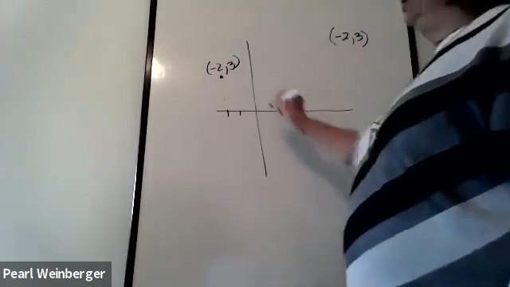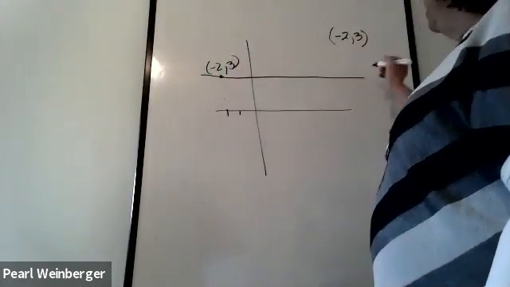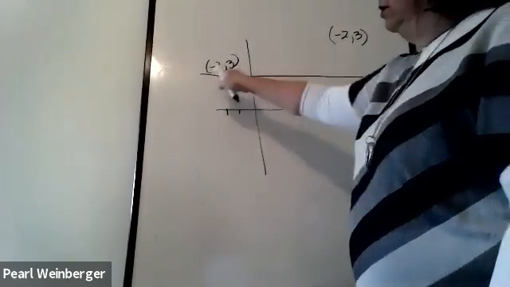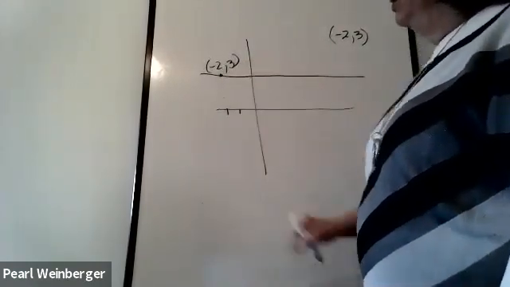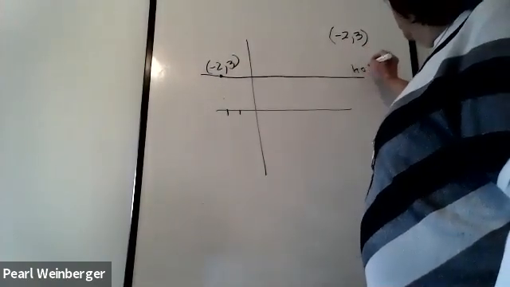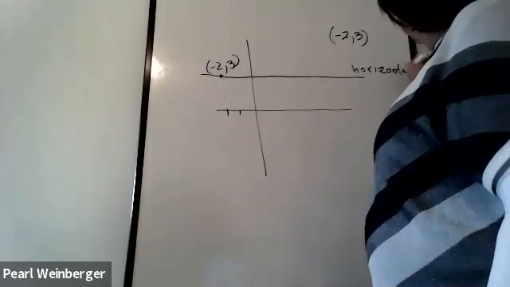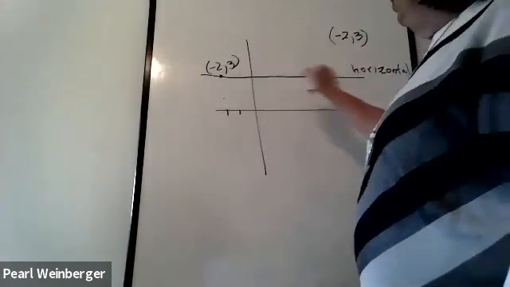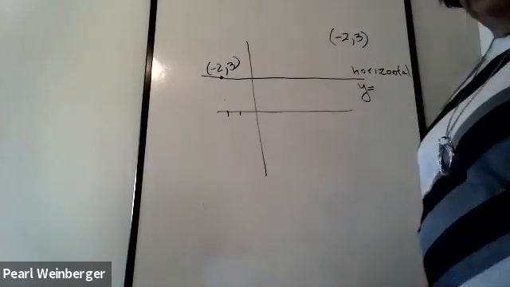If I want to write the equation of the horizontal line, the line that's parallel to the x-axis, through this point, when it comes to a horizontal line, the equation is always y equals a number.